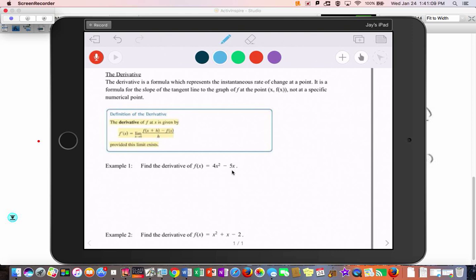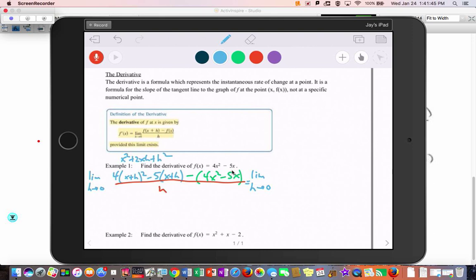So I'm going to do it a little bit faster now. So we have 4, and I can do x plus h there, minus 5, x plus h. I will be subtracting my function, and this is all over h. Now I know that x plus h squared is x squared plus 2xh plus h squared.